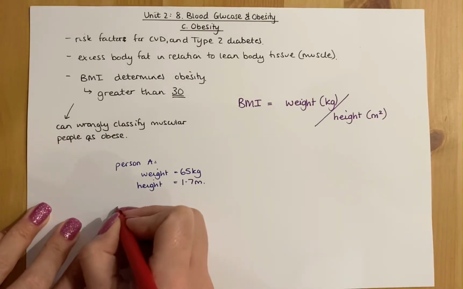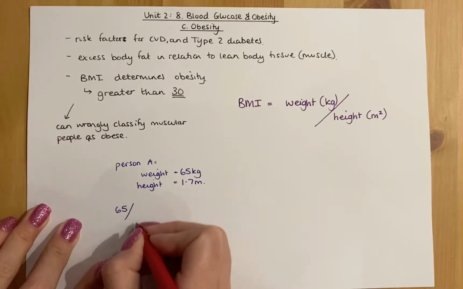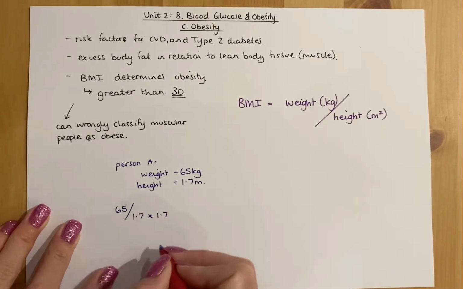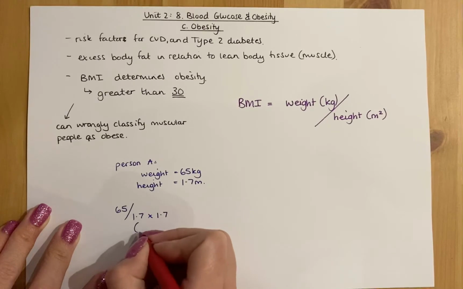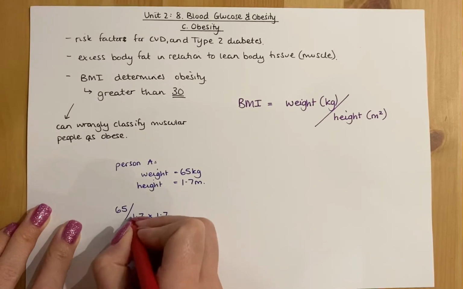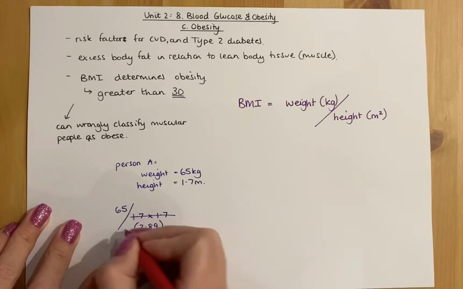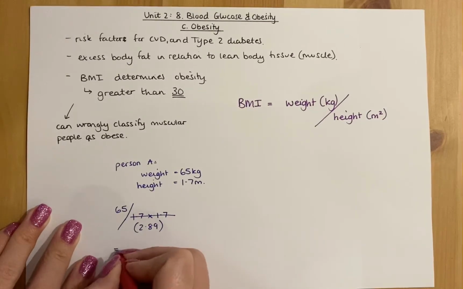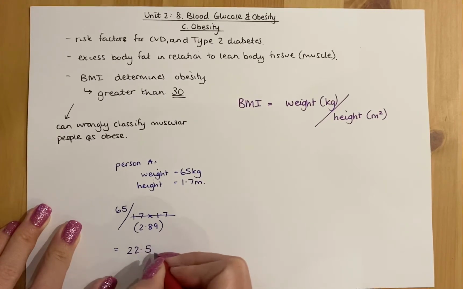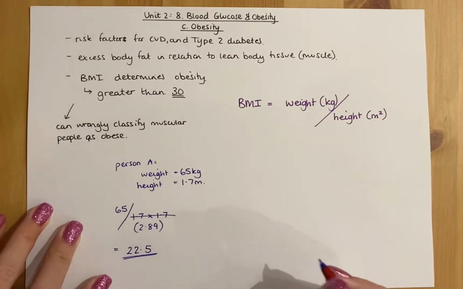So what we need to do is 65 kilograms divided by 1.7 squared, so 1.7 times 1.7. That answer then is 2.89. So we do 65 divided by 2.89, and that results in a BMI of 22.5, which is totally normal and not obese.